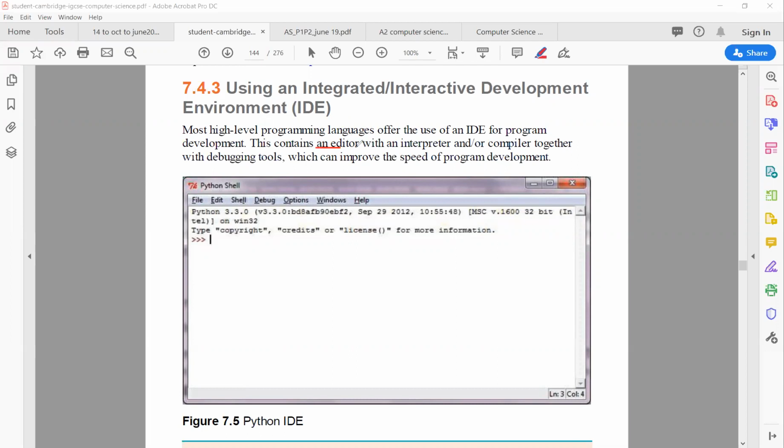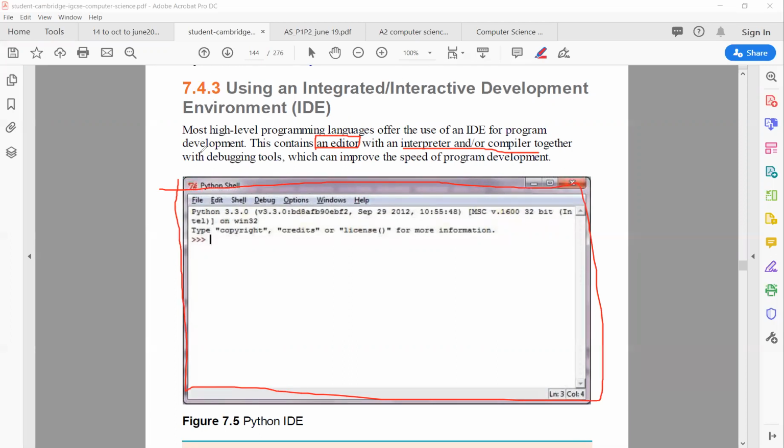It consists of an editor, just like this. This is an editor where a programmer writes code, and an interpreter or compiler, because different languages use different translators.